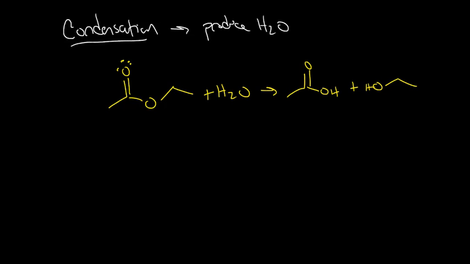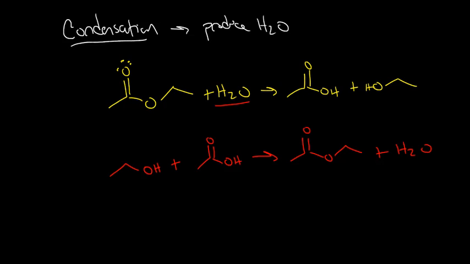A condensation reaction is exactly the reverse of this. So it would be starting with an alcohol and a carboxylic acid, and we produce an ester and water. So in hydrolysis, water is consumed. In condensation, water is produced.